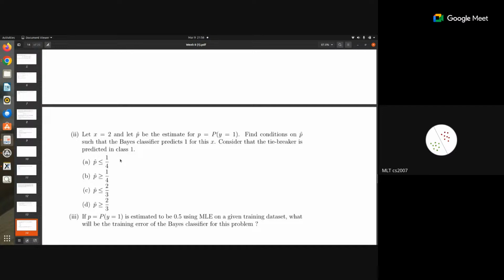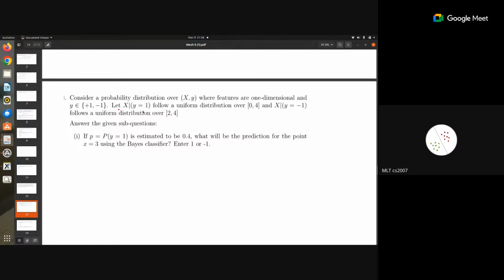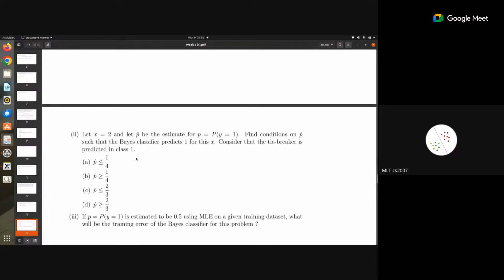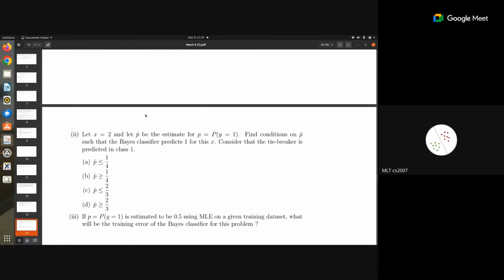We have to find a condition such that the Bayes classifier predicts 1 for x equals 2. So we'll have to look at this conditional distribution. What is the conditional distribution for y equals 1 when x equals 2? And the question here says the tiebreaker is predicted as class 1. So what do you think about it? First of all, does this distribution of x affect the p hat here? That is the first question.